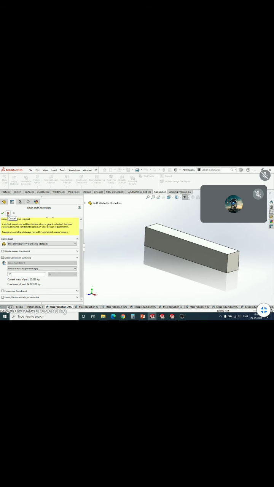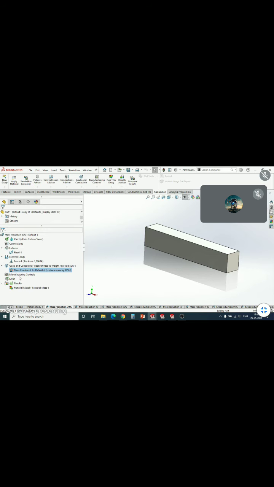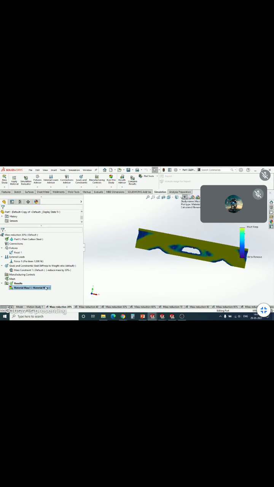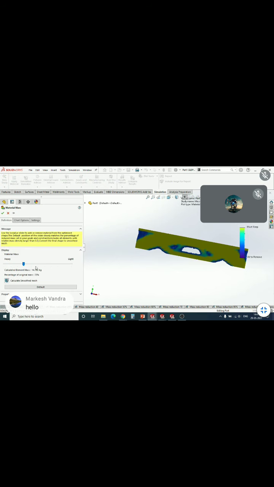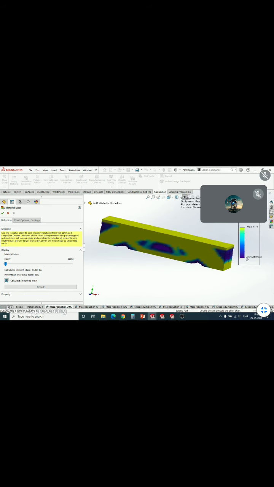Correct? And finally, let me show the results. Yeah. So what it is showing me, I will just go over here. Yes. How much material can be removed, which is okay to remove, right?